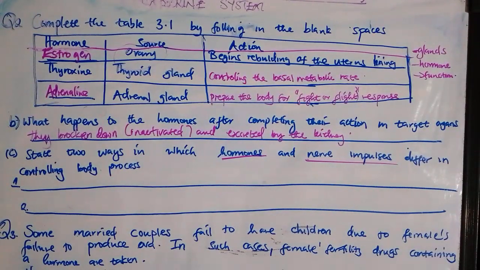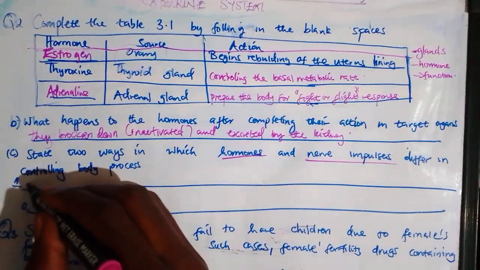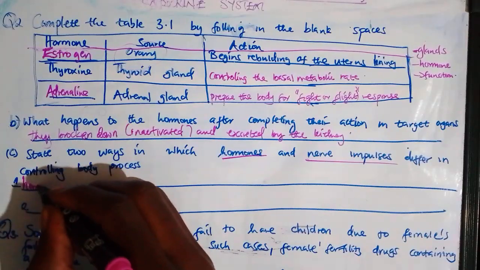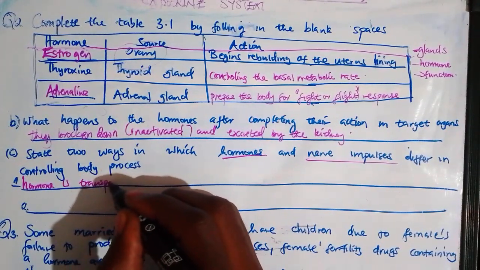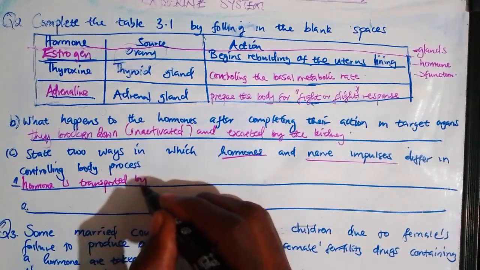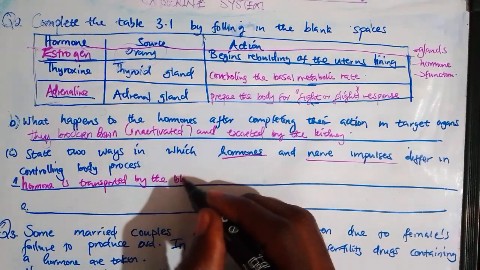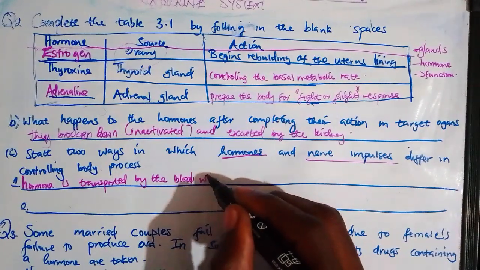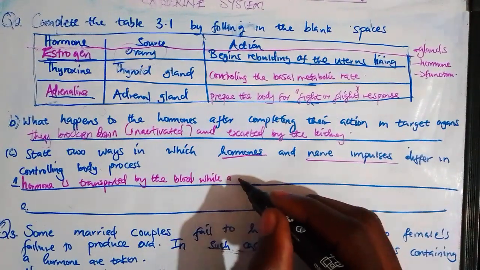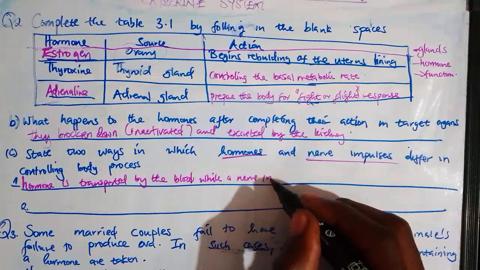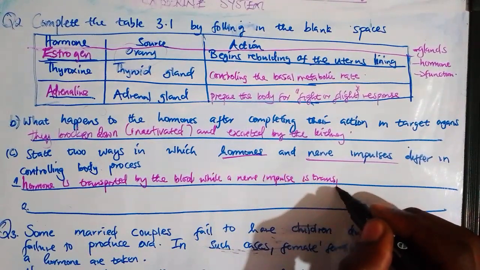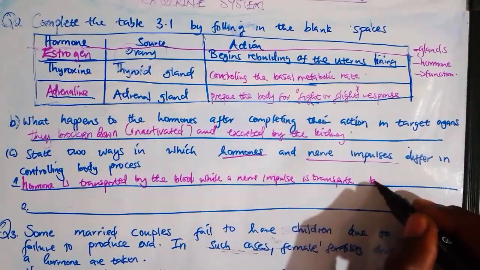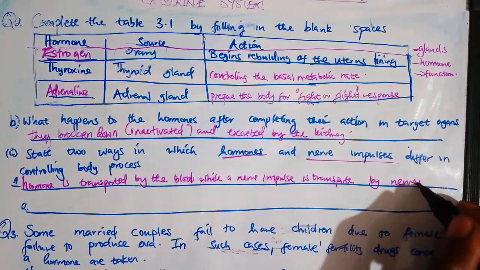Then the second thing is a hormone is transported by the blood, while a nerve impulse is transported by nerves or nerve fibers.